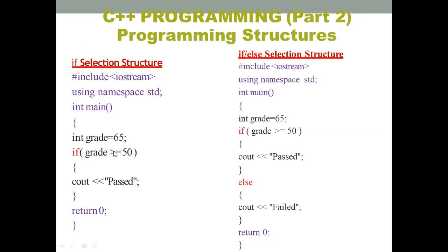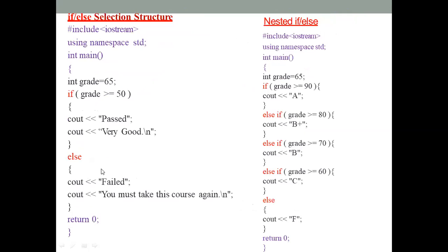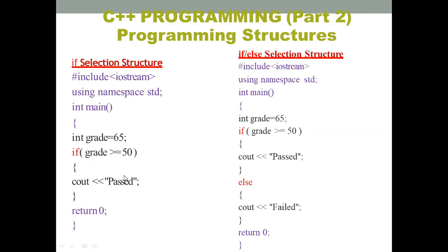Here the student gets 65 marks, so the result is pass. But if we change this to 45, if this student gets only 45 marks, there won't be any result, because the condition says the student must get 50 and above.